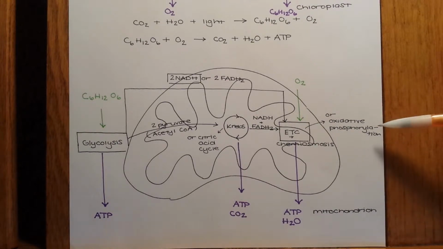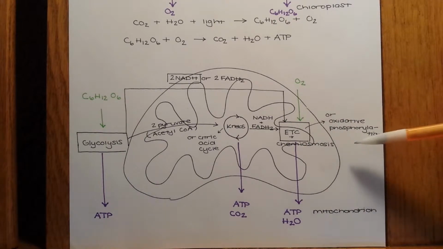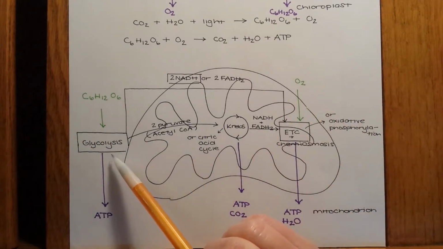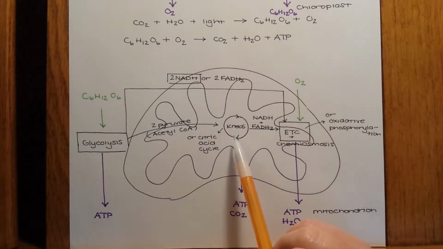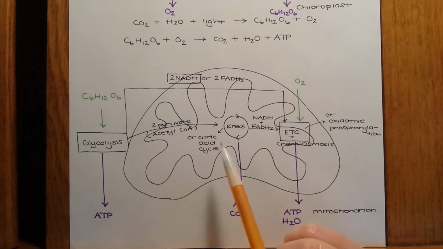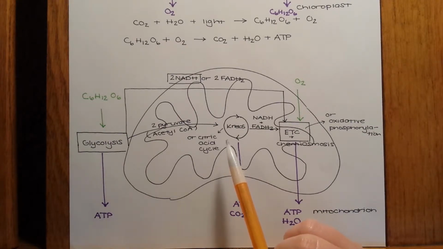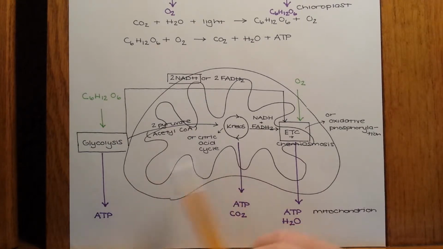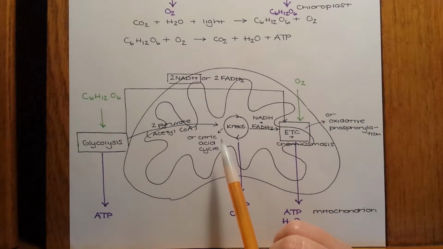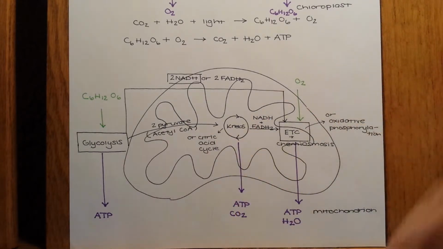It's literally pulling our electrons through the electron transport chain, and that process allows us to pump hydrogen ions and ultimately make ATP. However, in glycolysis and in the Krebs cycle, our ATP is made through substrate level phosphorylation, where you have enzymes that are actually going to make ATP from the same things. You're still making ATP from ADP and inorganic phosphate, but it's just a slightly different process in glycolysis and the Krebs cycle than it is in oxidative phosphorylation.